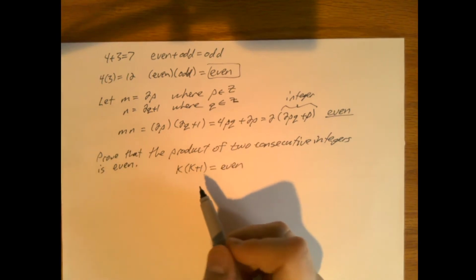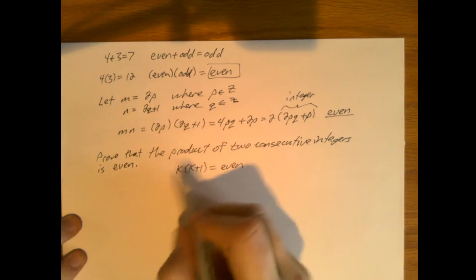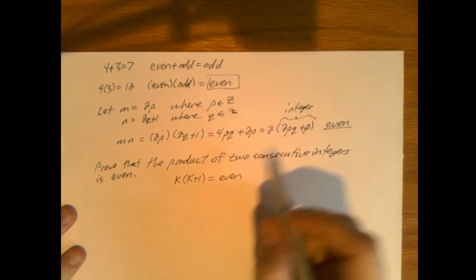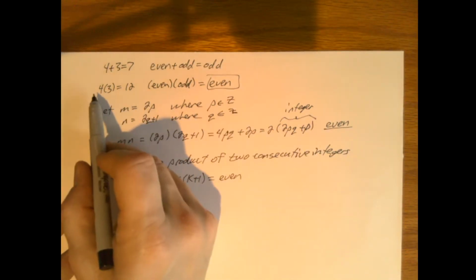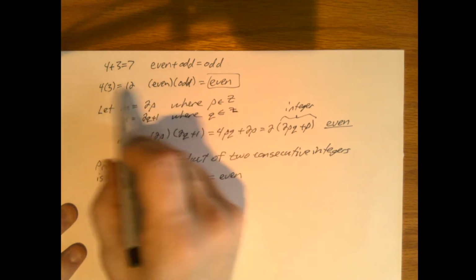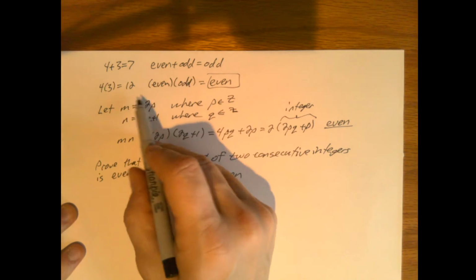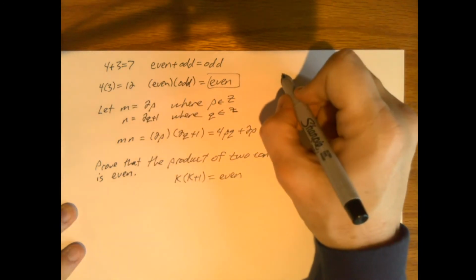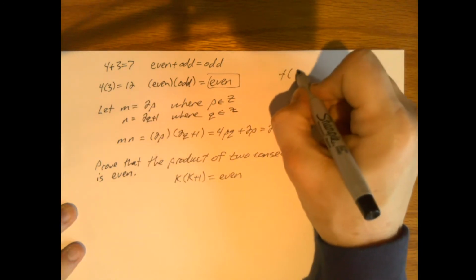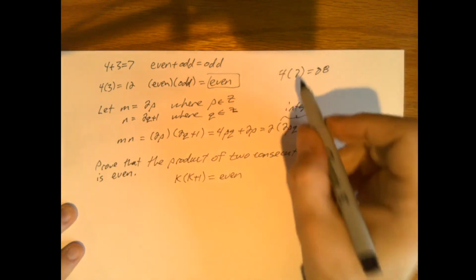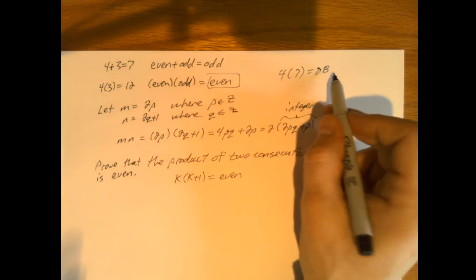Now, if we're clever enough, and actually I wasn't when I first thought about this problem, we've actually already proven this. Here, we're making no restrictions that 4 and 3 be next to each other. I just happened to do that because that was what popped to my mind. But I could have done something like this. I could have said 4 times 7 equals 28. And it would still be an even times an odd, gave me an even.